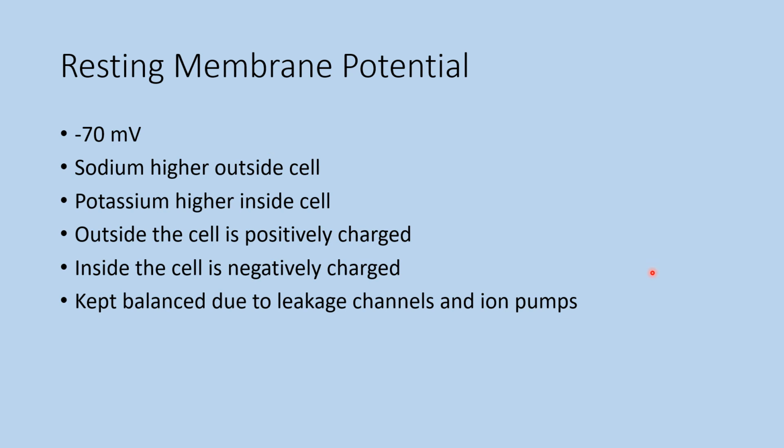If it's negative, how come it's not going more positive if the potassium is constantly leaking out? That's where you have to have ion pumps like the sodium potassium pump to restore and keep the balance, which is going to store and maintain that negative charge on the inside.